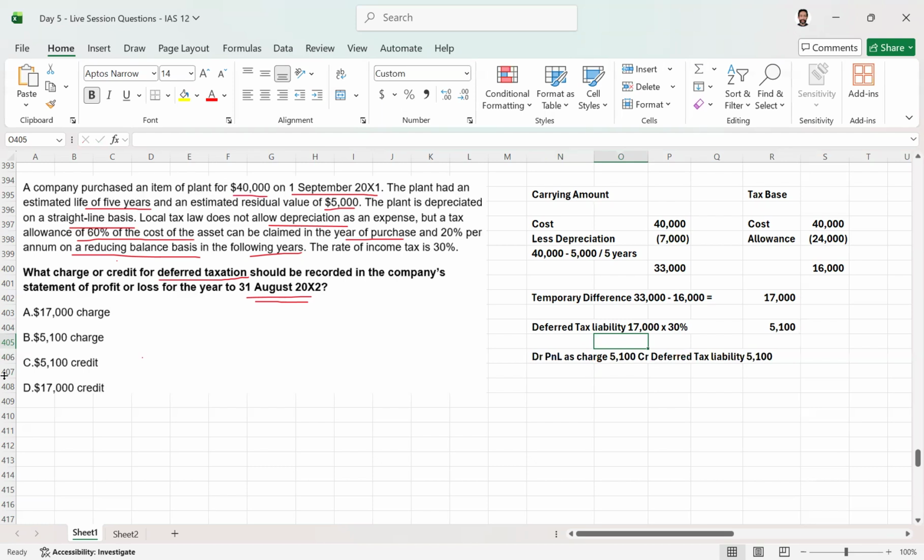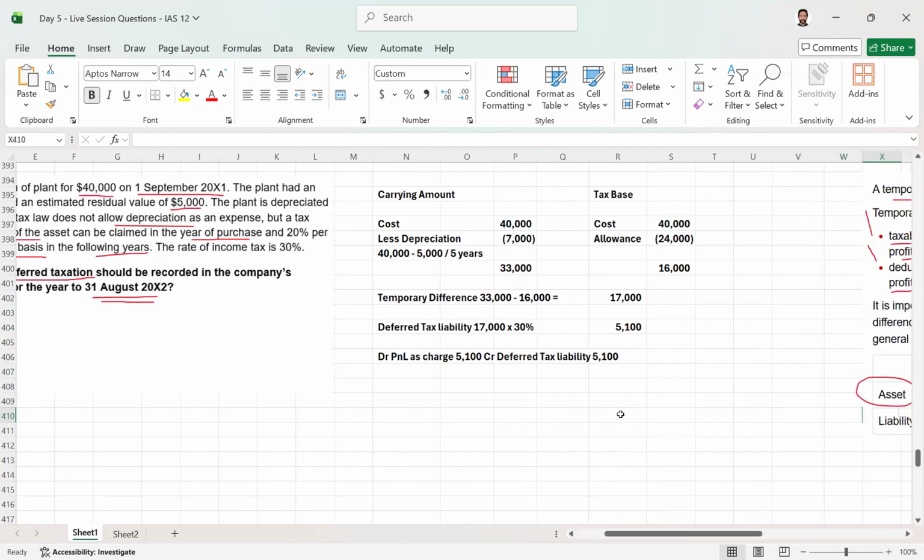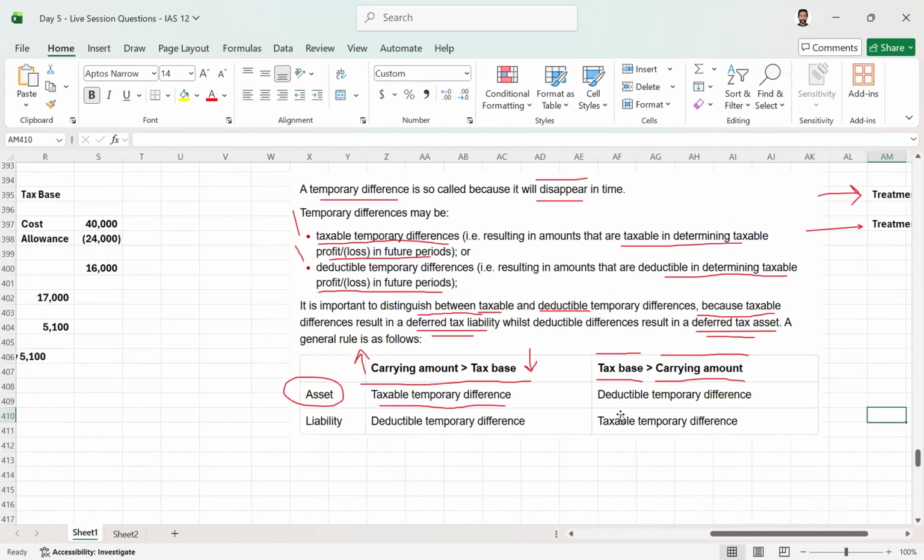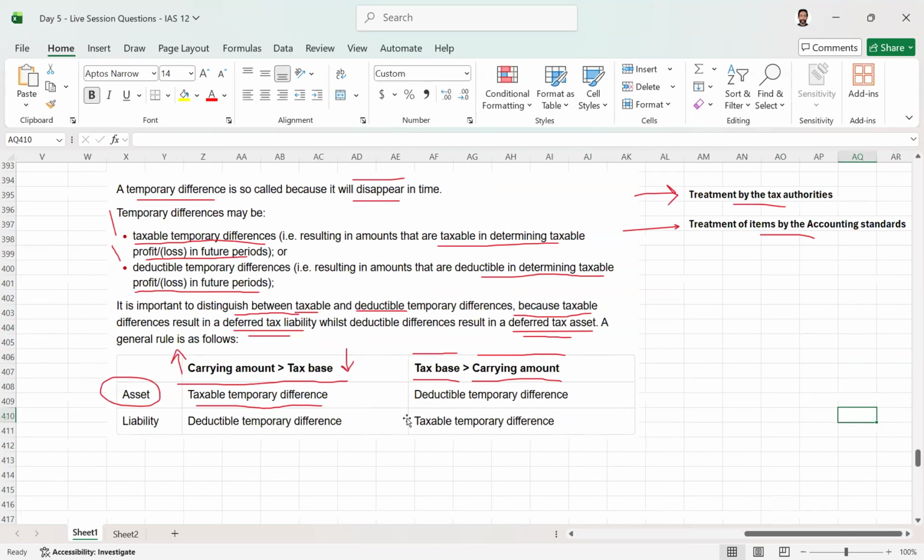I hope this is clear. This was a really good question, not a very difficult one, but as far as the understanding, it was very important because we calculated the carrying amount on our own. We also calculated the tax base on our own. We figured out that the carrying amount is higher and the tax base is less.